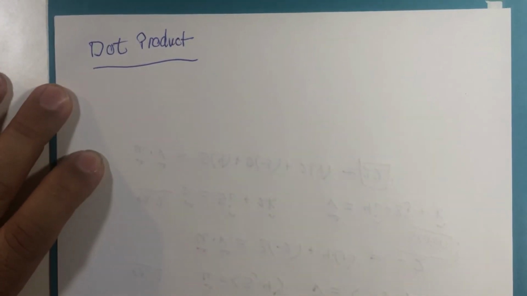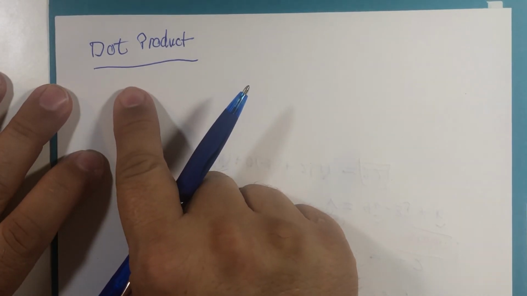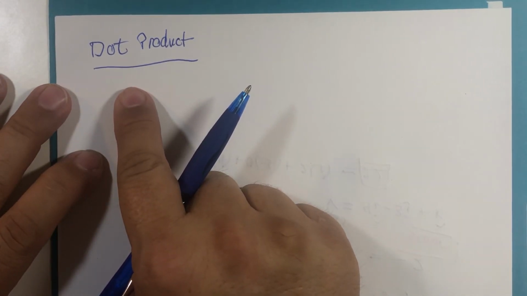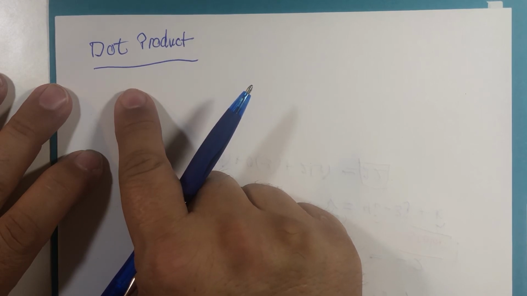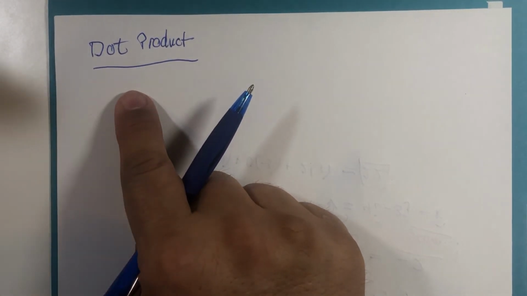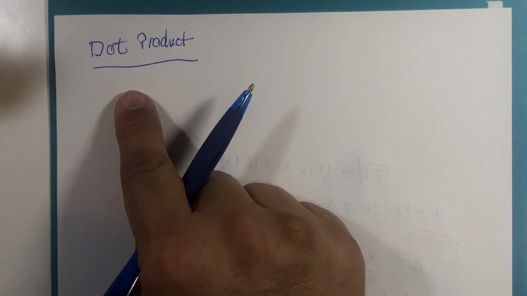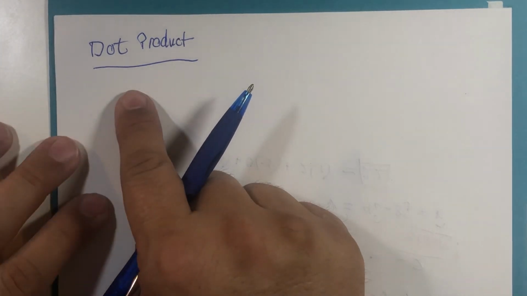I want you to think of dot product as not a calculation that is valuable by itself, but I want you to think of it as like a power source or a battery. It's used in other formulas for our purposes.